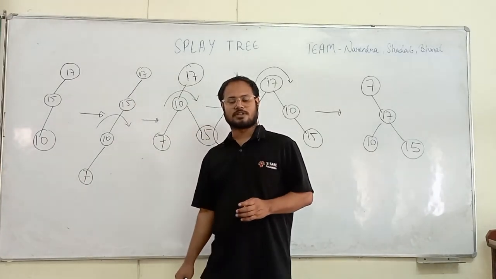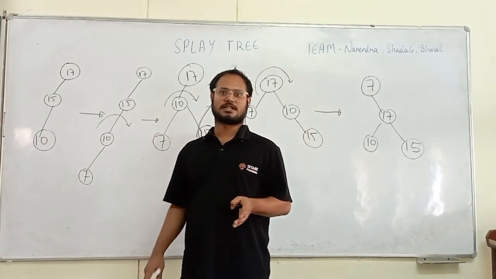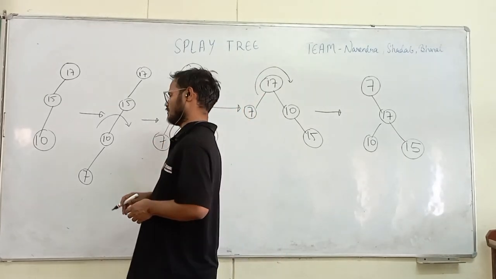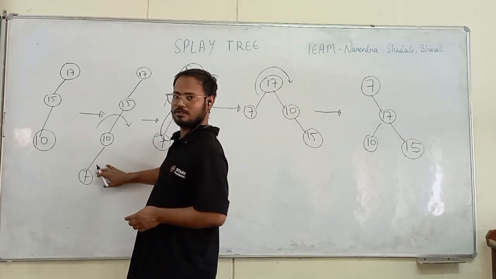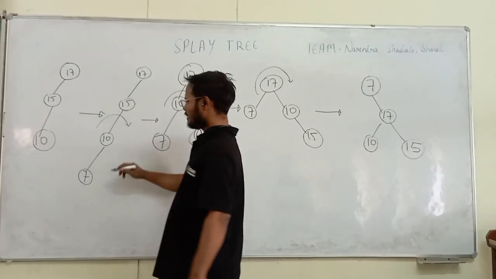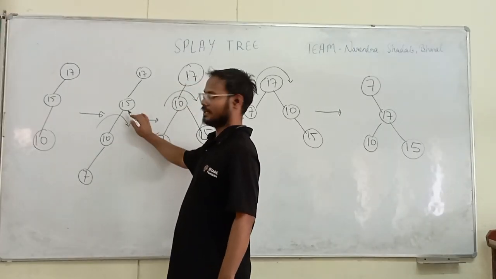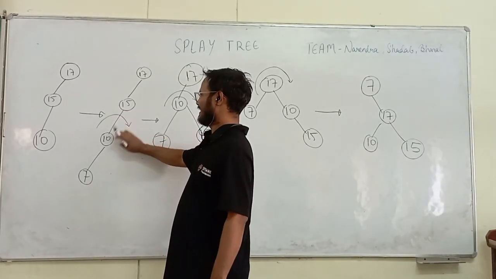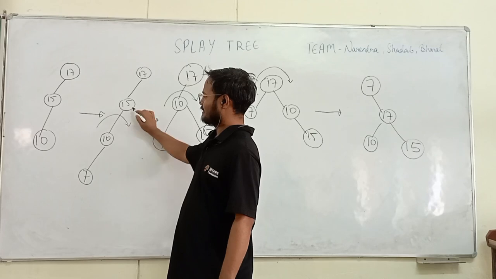Now in this, what is the meaning of insertion in a splay tree? We have to splay the tree after insertion, splay that node. So here we do splaying. What will we do? We will check the grandparent of this node, and we will see that the direction is the same.